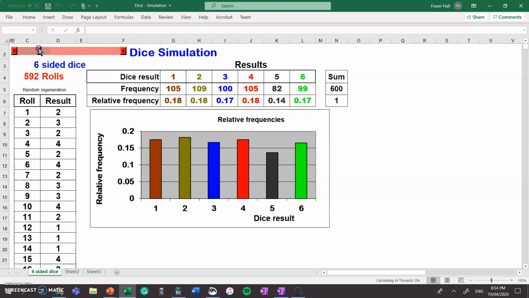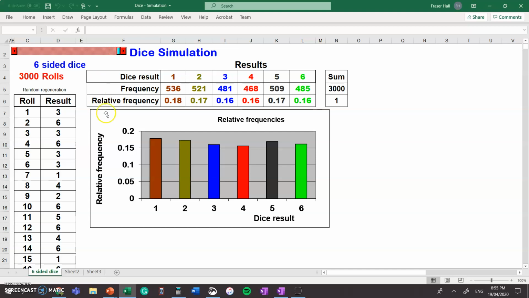So if we keep on increasing, and we get to 3,000 rolls, what we'd expect is a sixth of that, so 500.